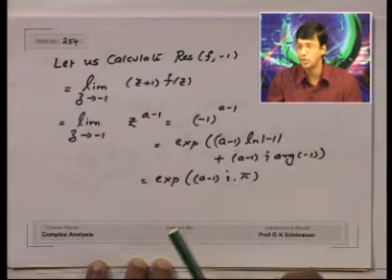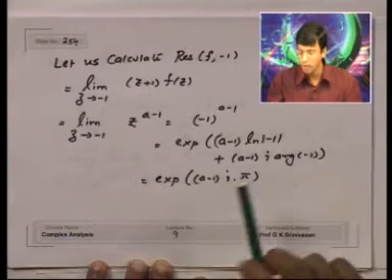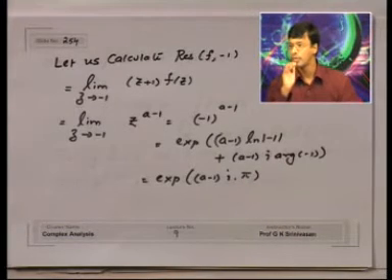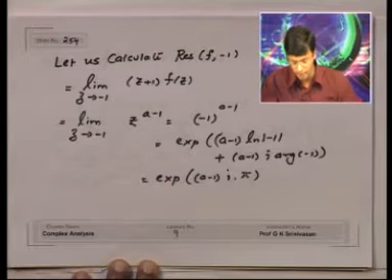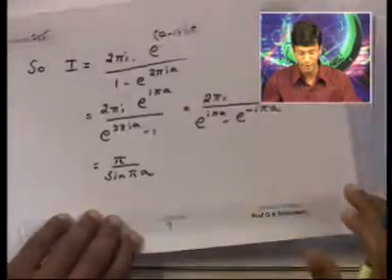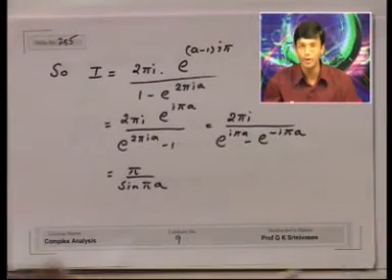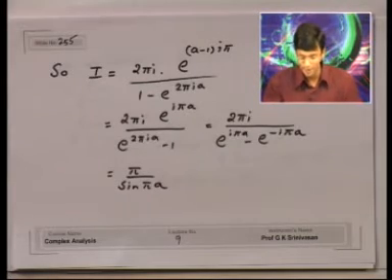The first term, ln of modulus of minus 1, is 0. What is the argument of minus 1? Pi. So, it is exp of (a minus 1) i pi, correct. So, the residue has also been calculated. So, you get the integral I equal to 2 pi i times the residue divided by 1 minus e to the power 2 pi i a.